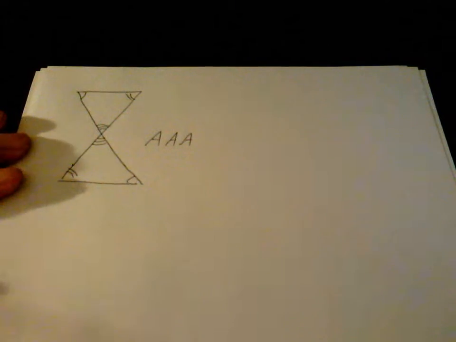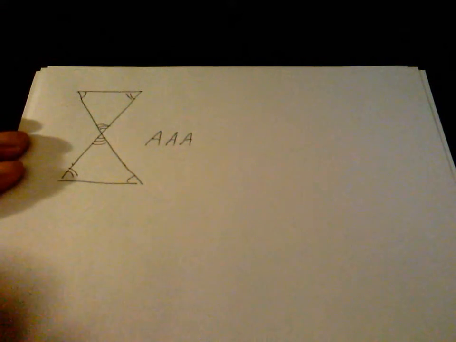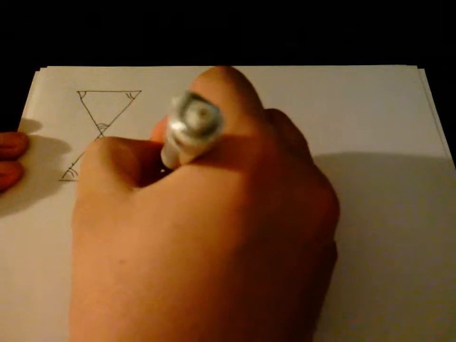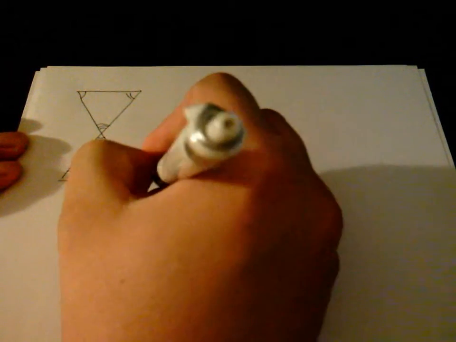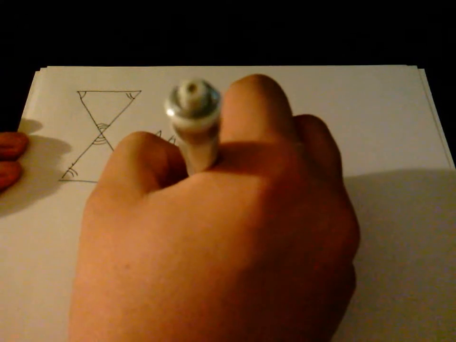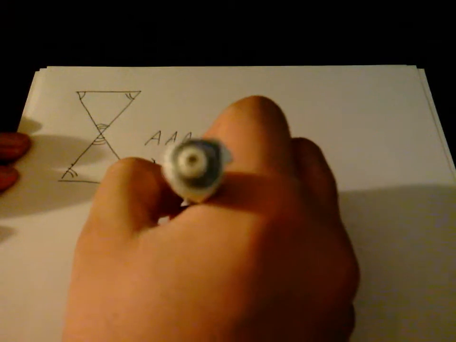So now we have angle, angle, angle. We have three angles. Now, as I said before, angle, angle, angle is not a triangle congruence theorem. So what we say is, not enough information, because there's not enough information to prove that these two triangles are congruent. They may very well be congruent, but we don't know enough information. Or if you want to shorten it, I always say just put NEI.